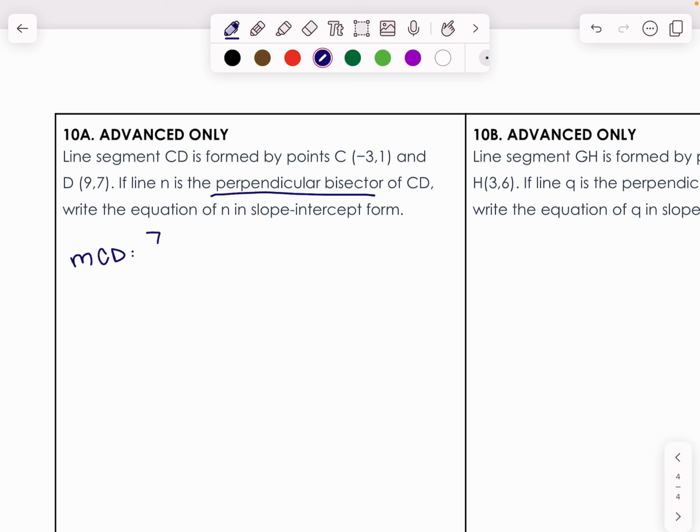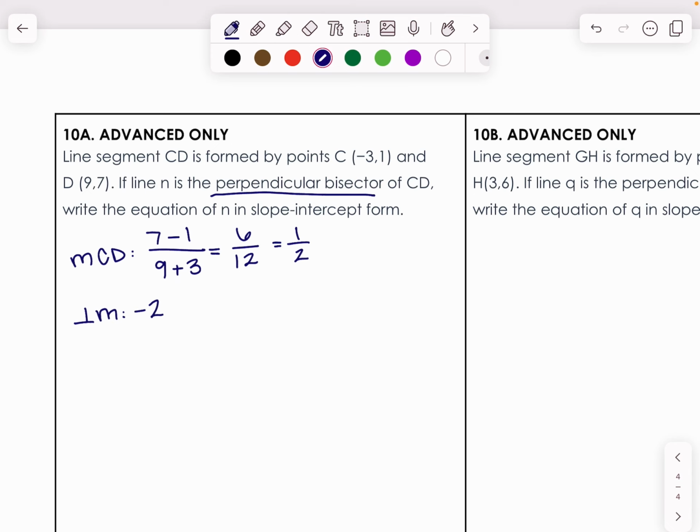So I do y2 minus y1 over x2 minus x1. So I get 6 over 12, which is going to be 1/2. Now I want the perpendicular slope, which is going to be -2.